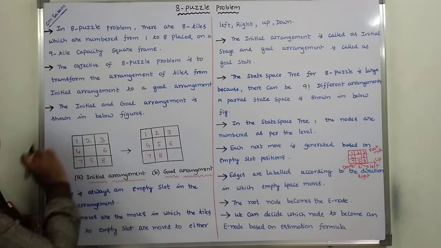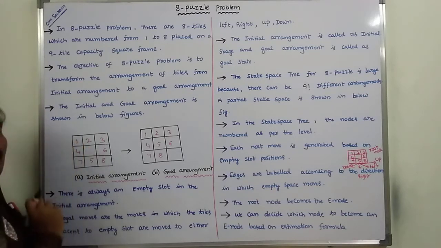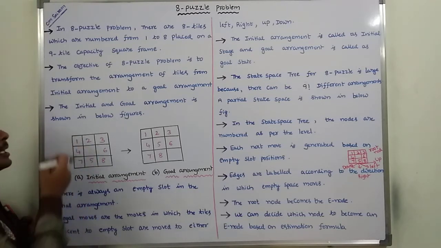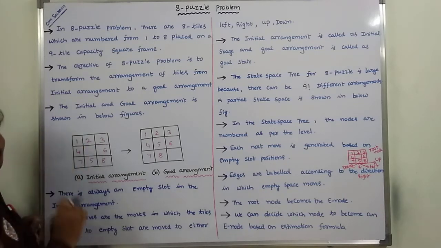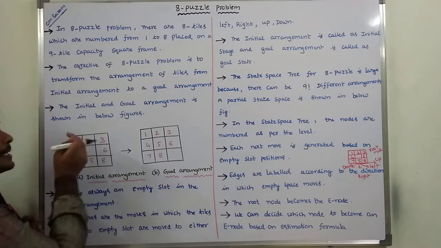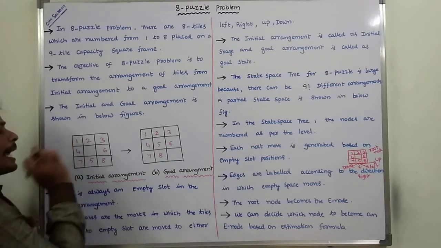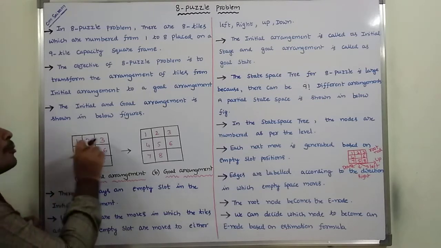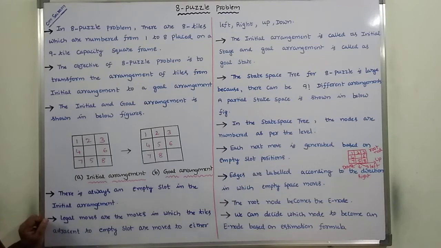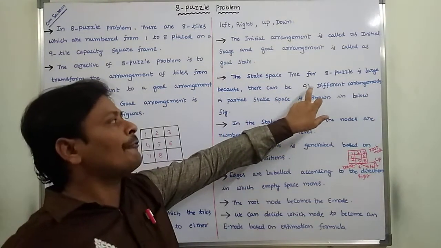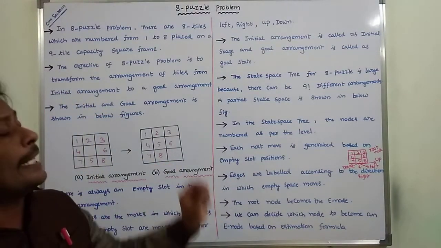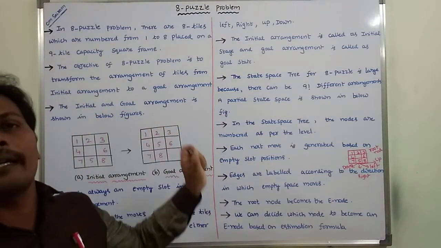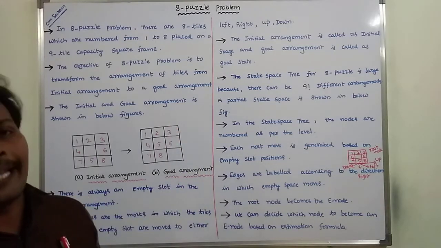How many possibilities are there? In this way, there are 9 factorial different arrangements possible, so it is very difficult to draw all 9 factorial arrangements.